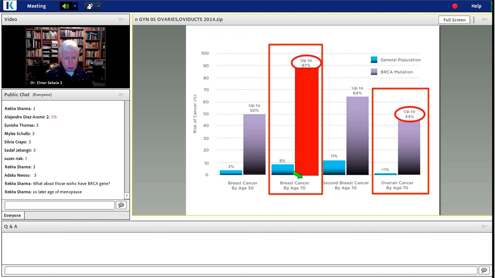And here's the reason. If you are BRCA positive, your risk of breast cancer by age 50 is increased by 50%. By age 70, the risk of breast cancer is up 87%. The risk of a second breast cancer is up 64%, and ovarian cancer is up to 44%.